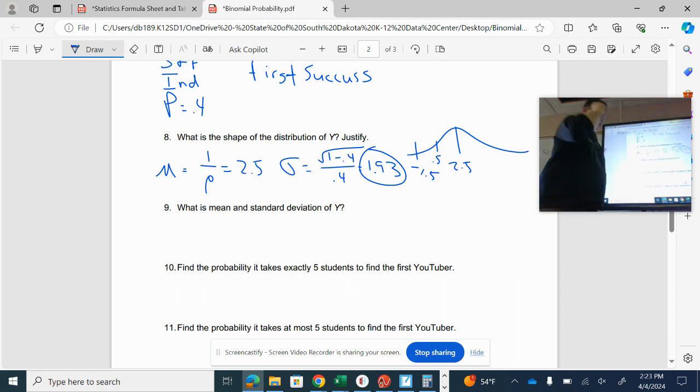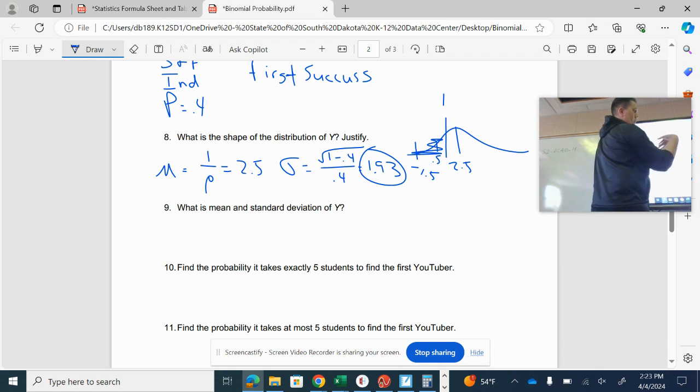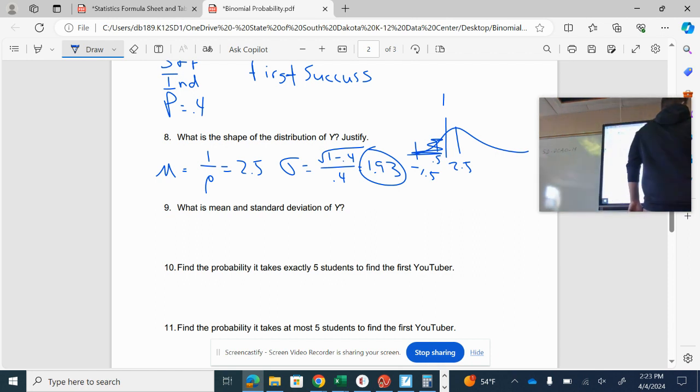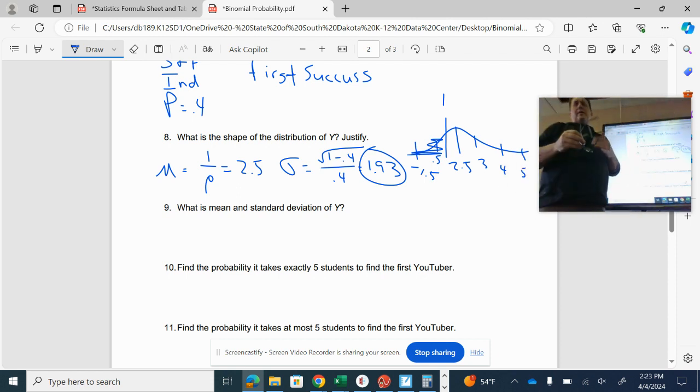So you would explain that it would cut off. The shortest you can actually find a YouTuber is on the first draw. You can't even go below 1, and you could find a YouTuber on the 3rd, 4th, 5th draw, so on and so forth, and higher. So we have a lot more room to go to the right.